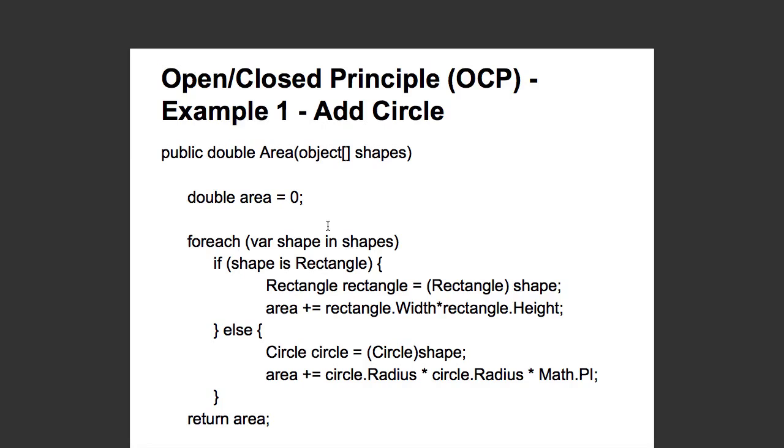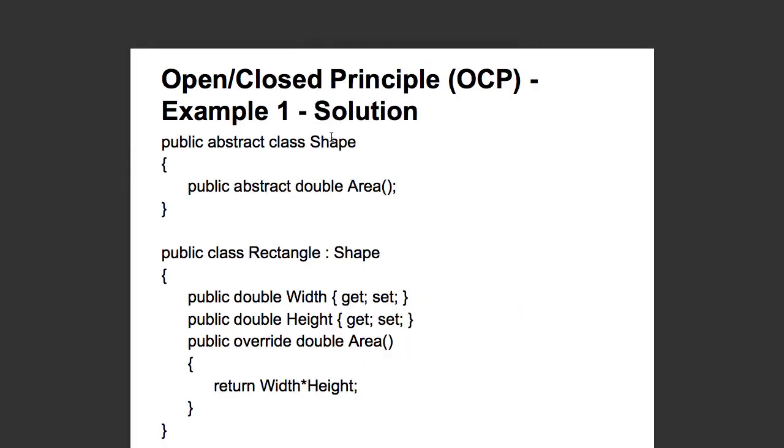Now, let's look at how it can be implemented. One of the first things we can do is have an area method in the shape class. If you're a Java programmer, then the area method has a capital A. That's not really right, it should have been a small a, but that's not really important for now. So we have an interface or an abstract class, either of which can be a proper solution, with an area method.